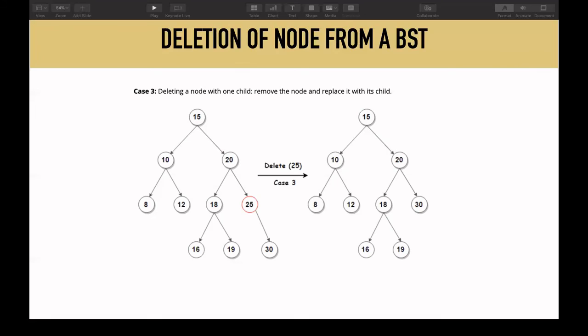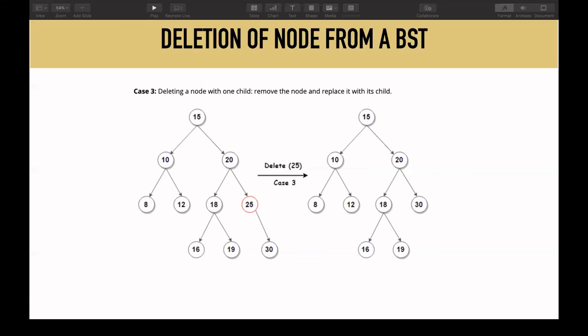The parent of 25 is 20. So I make 20 point to 30, and I simply free 25 from the memory. It is again very similar to a linked list. Consider 25 as a node in a linked list and you want to delete it. You go to its previous node and make it point to the next node of 25.